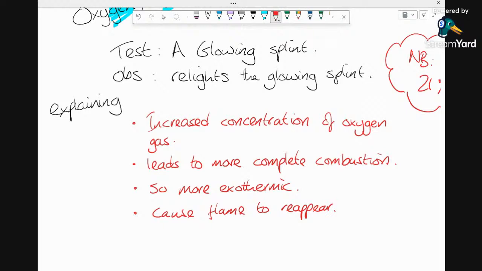Cause flame to reappear, because essentially what's happening is we know that glowing basically means it's a horrible word called smoldering, which is that it's still combusting. The wood particles, which are mostly carbon based, are still going to be burning to a certain extent. It's going to be incomplete combustion, forming things like carbon and carbon monoxide, which produces less energy. But then once it gets complete, more exothermic, which will lead to you producing more vapor.